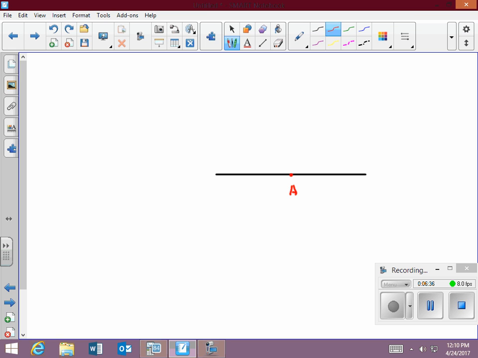What you do is put your compass point on A at whatever arc you want, and then you strike the arc on those two points.